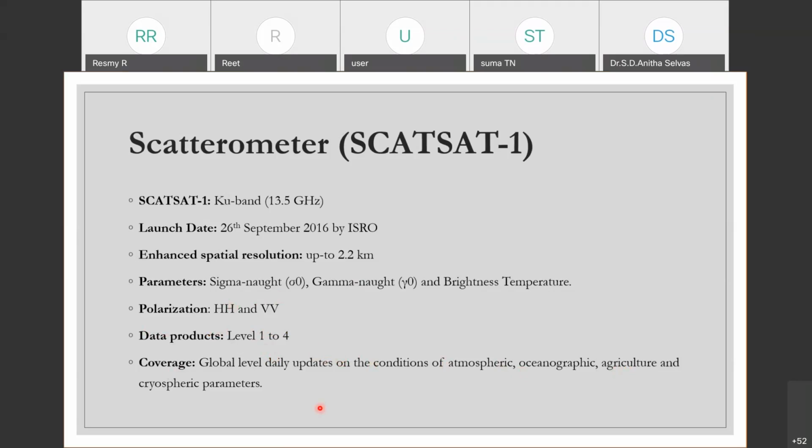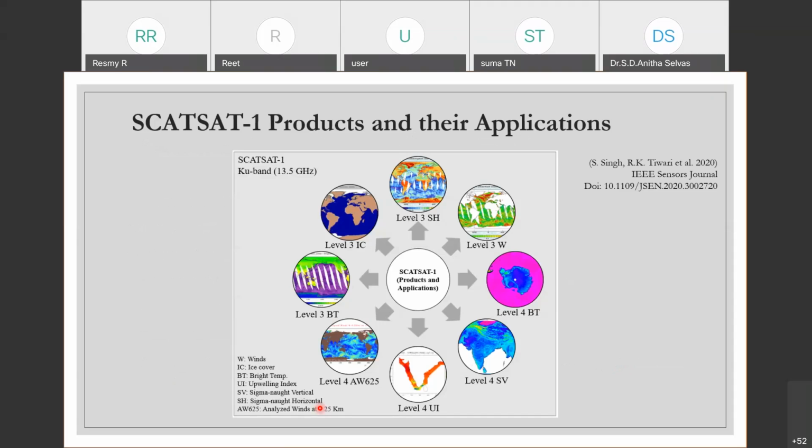This is another advantage of using scatterometers, because the Sentinel data is available every 12 days, while this data is available daily. When the repeatability is more, the resolution tends to decrease for any remote sensing satellite. Like in the case of Landsat, the repeatability is around 30 days and the resolution is 30 meters.